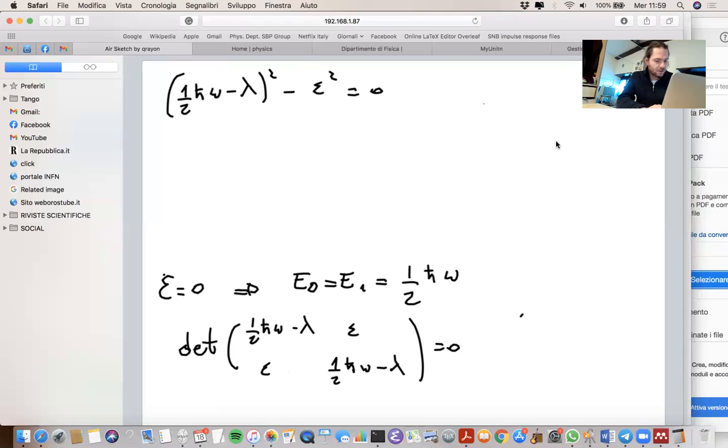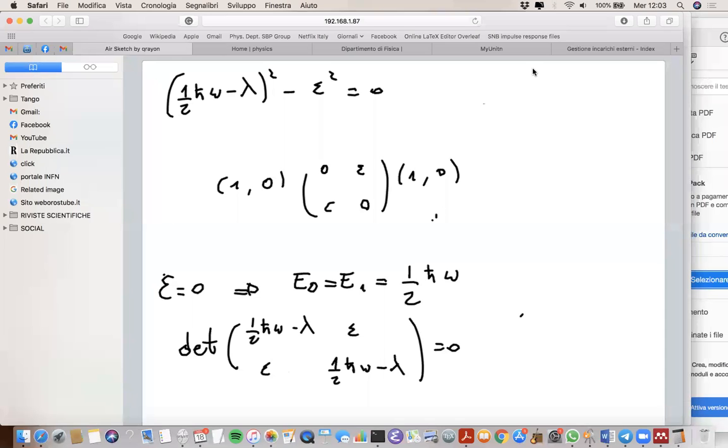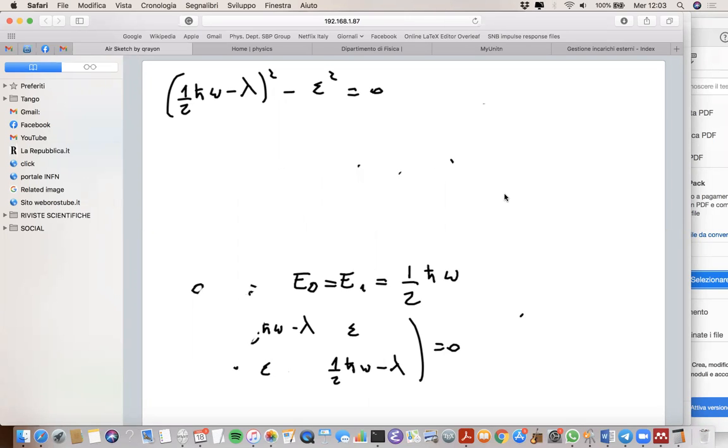So the way I do it, I'm on the other screen here, you cannot see it, but I'm inserting this equation into Mathematica, getting the solution. Give me one moment. Now, if you solve this equation, this very simple eigenvalue problem, you'll discover that there are two eigenvalues.